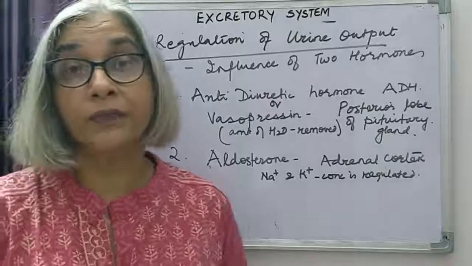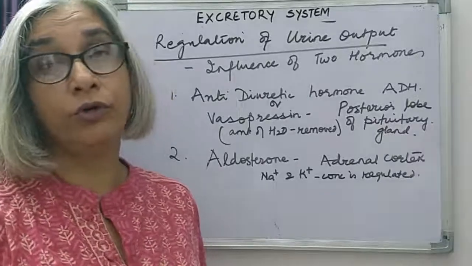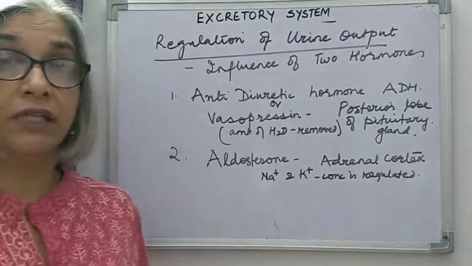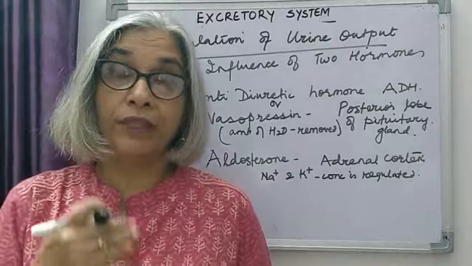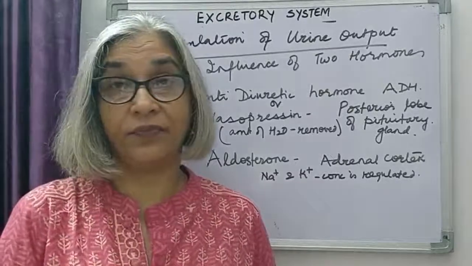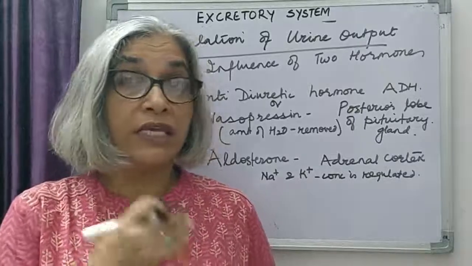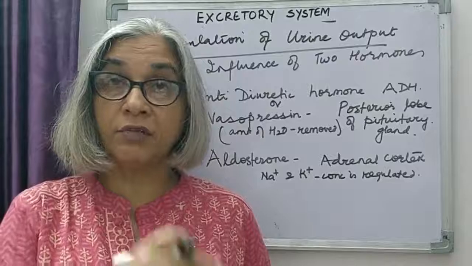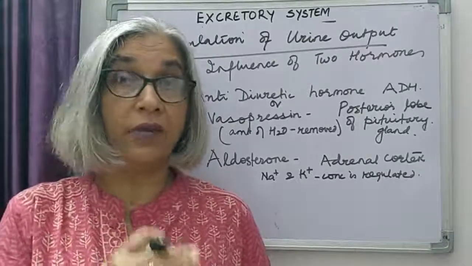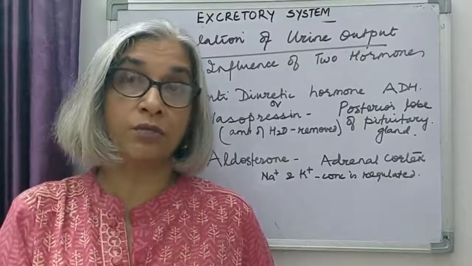Now, role of ADH or antidiuretic hormone, or let us say vasopressin, is such that if the blood plasma is concentrated, more ADH is going to be produced. When I say blood plasma is concentrated, means there is less fluid, less water in blood, and more water has to be absorbed.